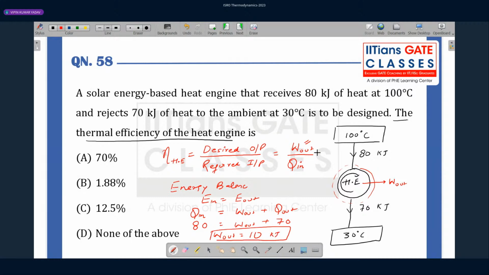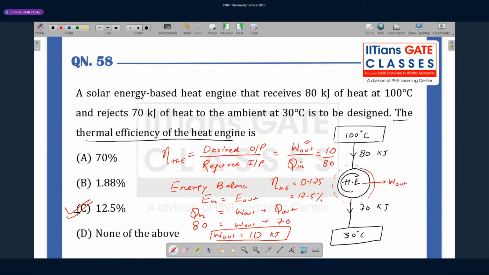Now you can substitute here 10 by 80 and you will get the efficiency of the heat engine is equal to 0.125 or 12.5%. Okay, is it clear?